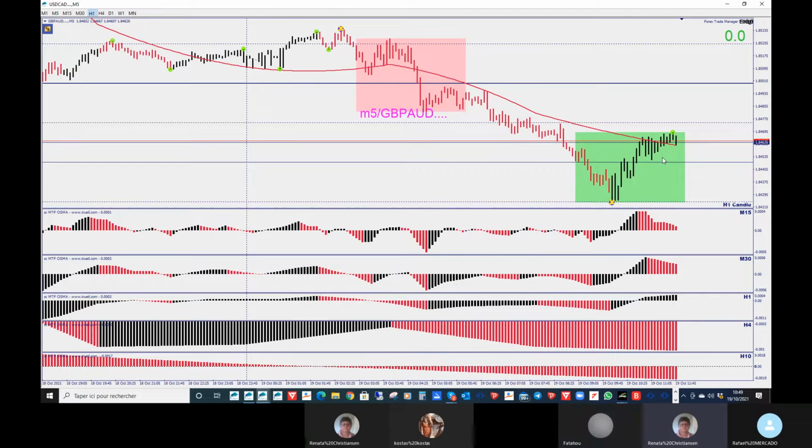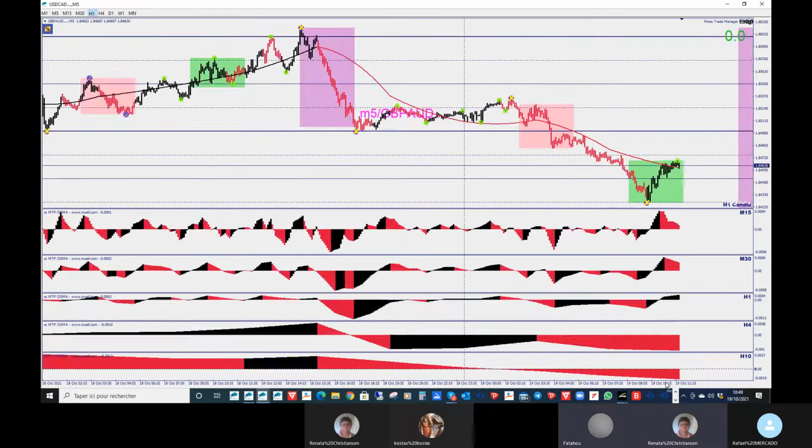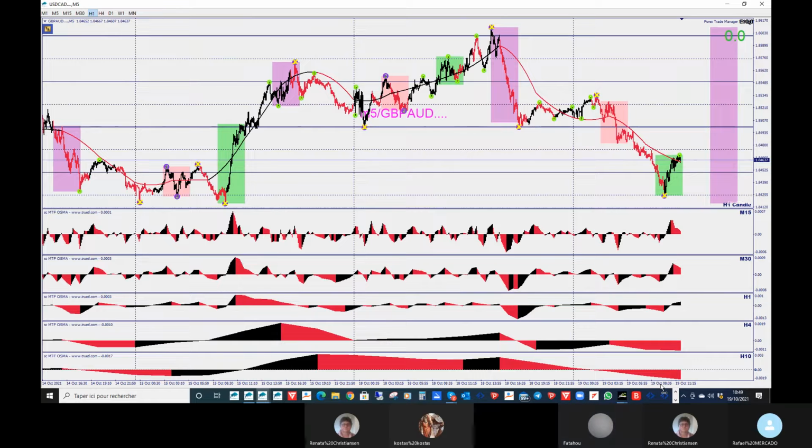So you really have to pay attention. If the 1 hour changes color, then we have a kind of confirmation. That means the momentum has shifted. The 30 minutes is giving you a heads up that the momentum is trying to shift.